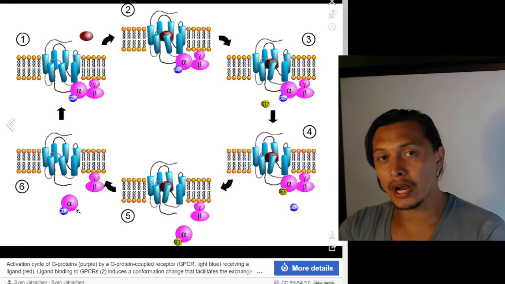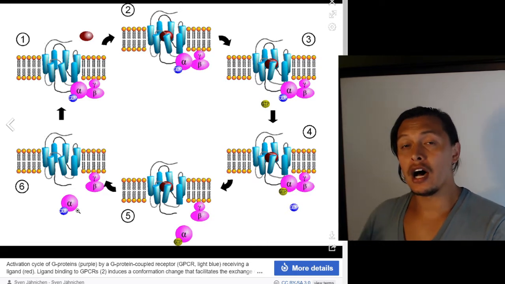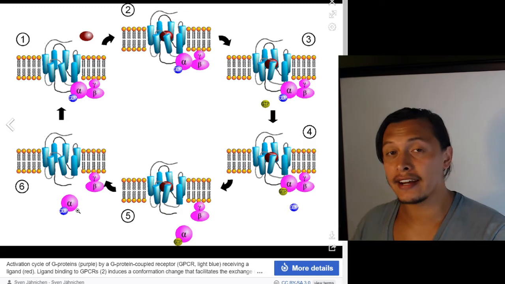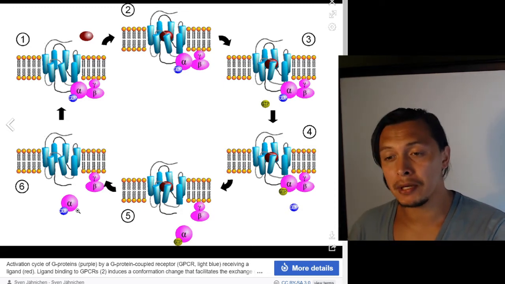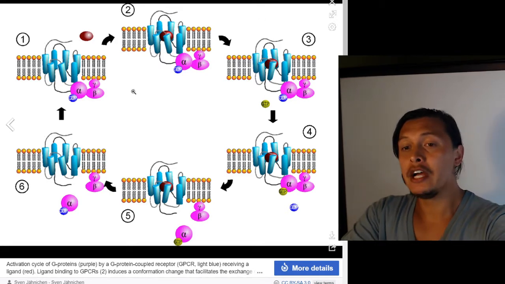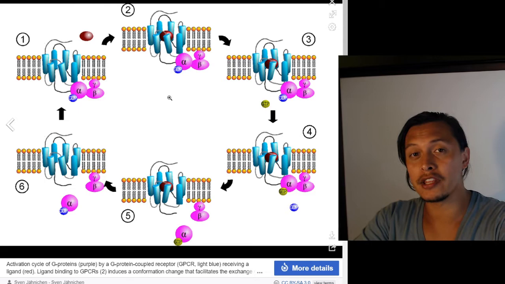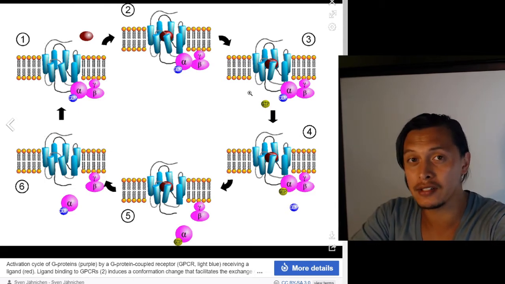So that's one way. Another way is those regulators of G proteins can also come in and catalytically break apart that GTP back into GDP, and then this whole cycle can start over again. So just keep in mind, this is how these G proteins function.